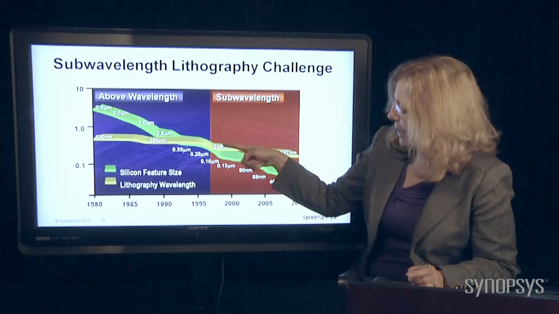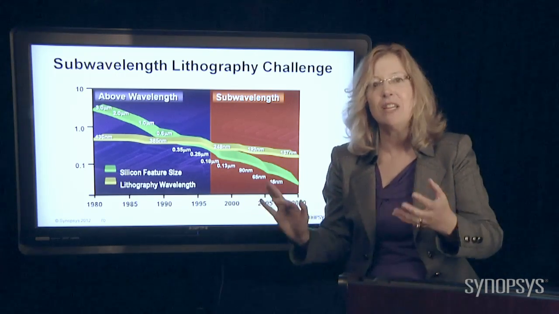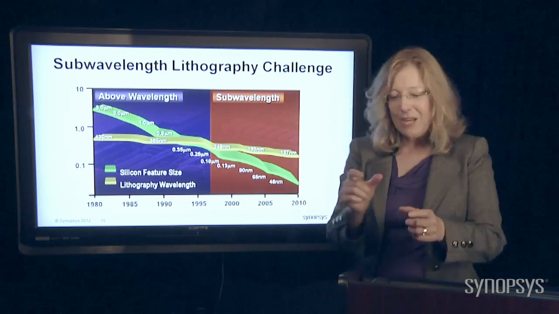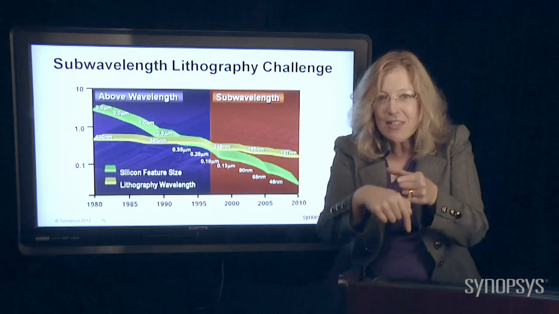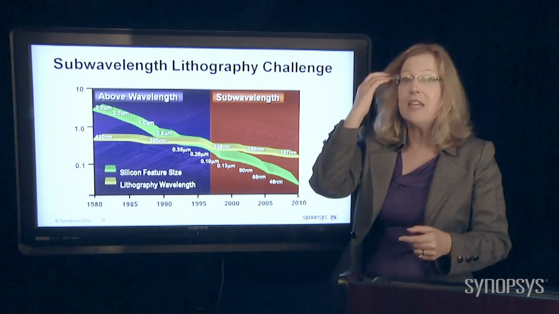And the crossover point came right around in here in, say 1997-ish or so. And this presents a really big problem because if the light is bigger than the stuff you're trying to print on that wafer, you've got some really hard things to do.